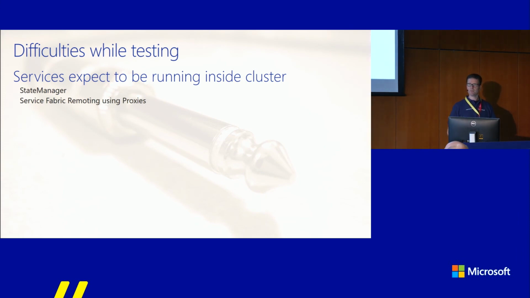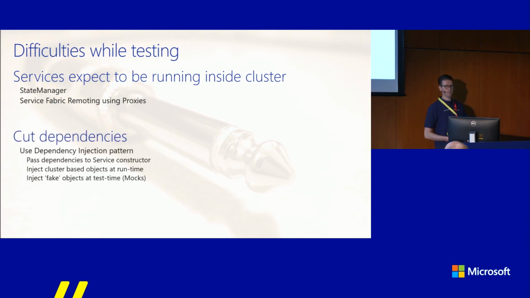So this won't happen if you're not in a cluster. What makes matters worse is that your services also expect other services to be running. Usually in a big application, you'll have services calling other services. And obviously in a unit testing scenario, those services are not running because you're not in a cluster.